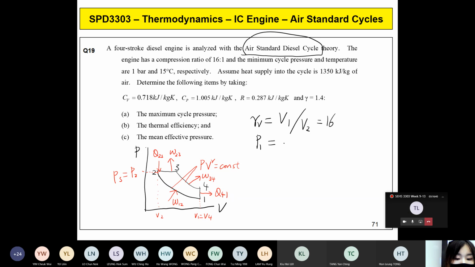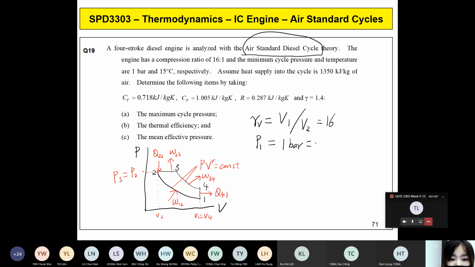P1 equals 1 bar. Here, I will suggest you change your unit to kPa because we use air as our working fluid. We have the perfect gas. Sometimes you use bar, you can get the right answer, but sometimes you will get the wrong answer.